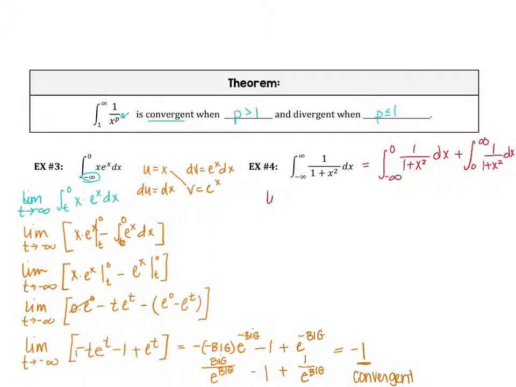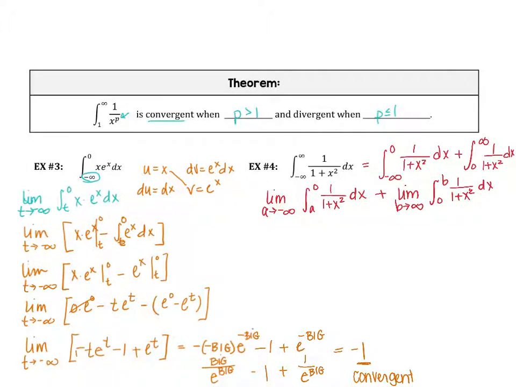So I'm going to say the limit as a approaches negative infinity of the integral from a to 0 of 1 over 1 plus x squared dx, plus, and then this one's going to say the limit as b approaches positive infinity of 0 to b of 1 over 1 plus x squared dx.